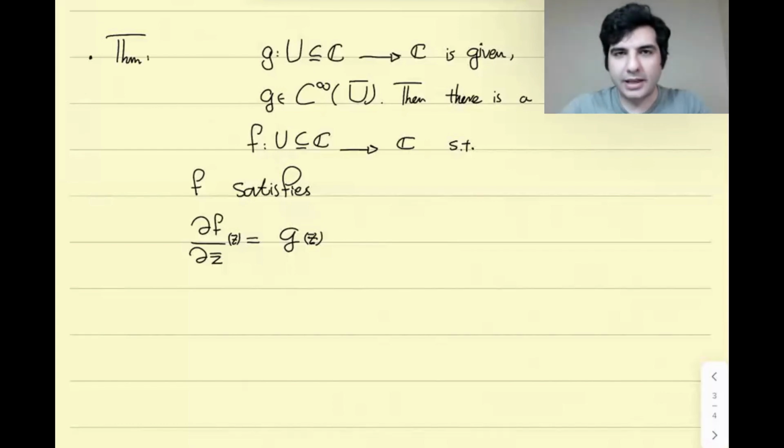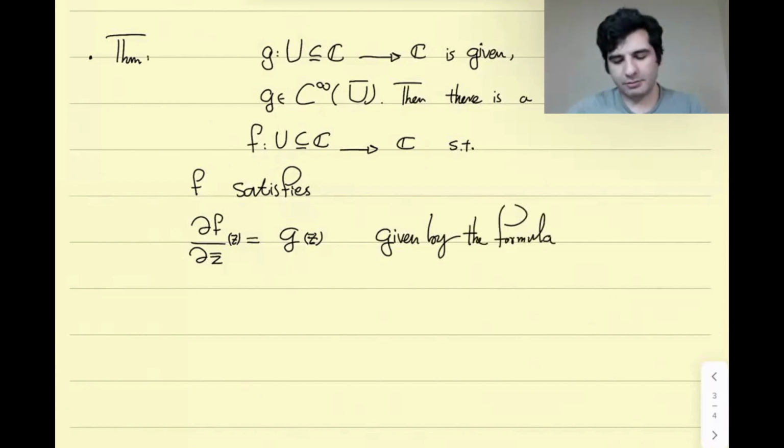So this is our theorem. And we spent most of part 1 of Lecture 4 to find an expression for f, at least be able to guess what f is. So what we learned or almost guessed is that there is a function f satisfying this equation given by the formula. Motivated by the real version, we could guess f is given by an integral of g. But what is that exact integral?